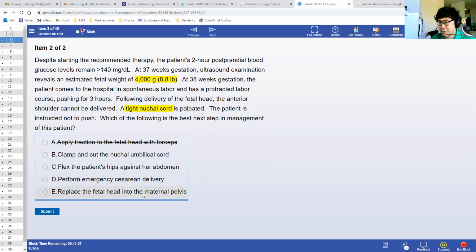Replace the fetal head into the maternal pelvis. No, you wouldn't do this either. This would just, I think, hurt the mother a lot, and you'd probably have an increased risk of rupture as well. Kind of between Bravo and Charlie for this one.